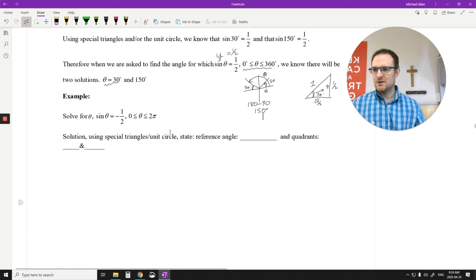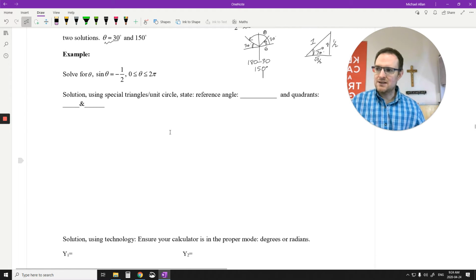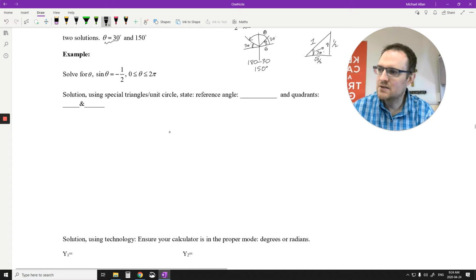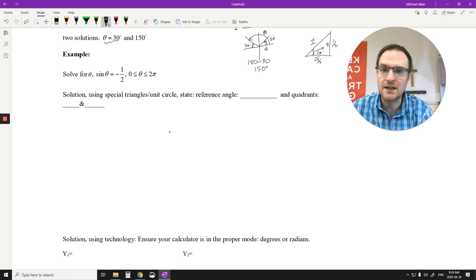So what I'm going to do is go through the steps of how to do this through this example. Also, this might just be a review of Math 20-1. Depends on your teachers. They may or may not have done this kind of stuff. They should have. So what we're going to do, first of all, is look at the ratio, sine, and look at the sign of the ratio, of the symbol.